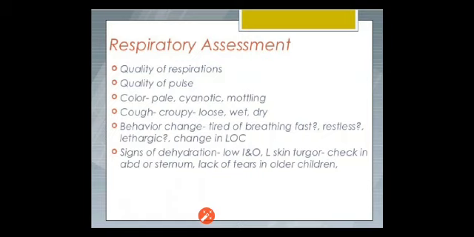Wet cough or loose cough is nothing but the productive cough. Productive cough means there is production of mucus or phlegm. And in dry cough, there is no production of mucus.